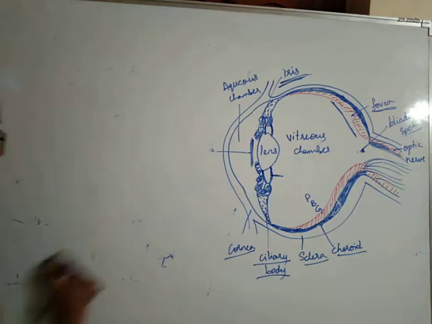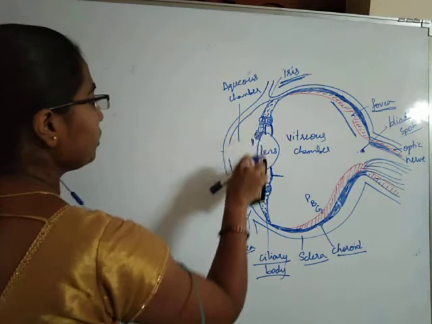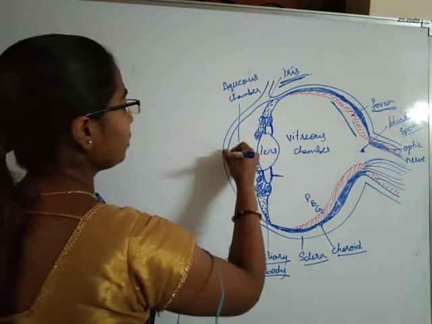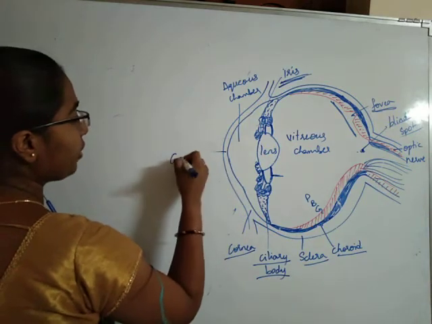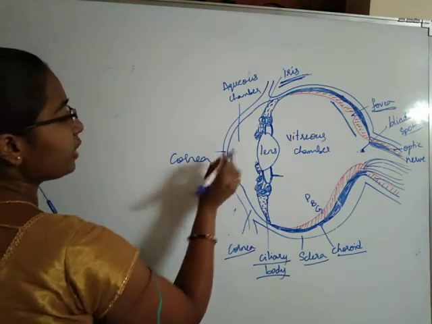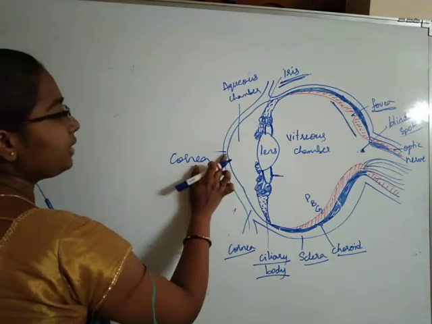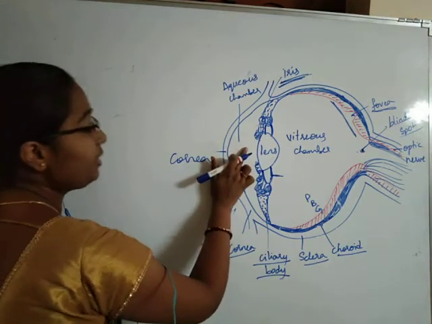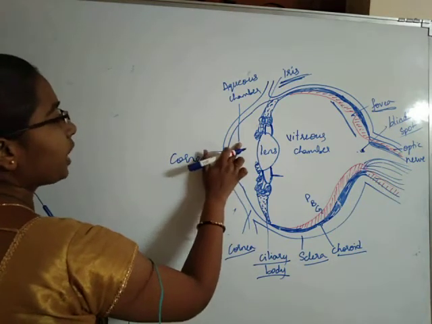Take a look at the picture, students. In between the lens and cornea, there is a chamber called the aqueous chamber.